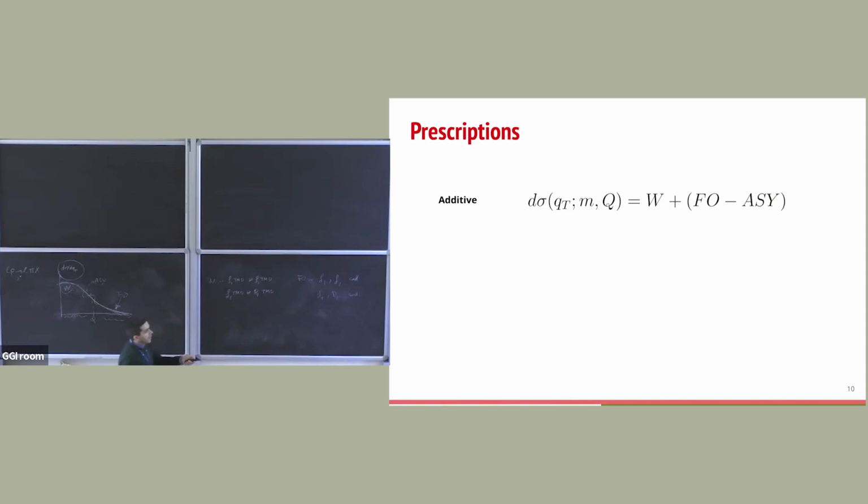So the asymptotic is defined as the small Qt limit of the fixed order. So once again, asymptotic term is defined as the small Qt limit of the fixed order. So if I look at this difference, when Qt approaches 0, what happens to this term in parentheses? What happens to the Y term in principle?